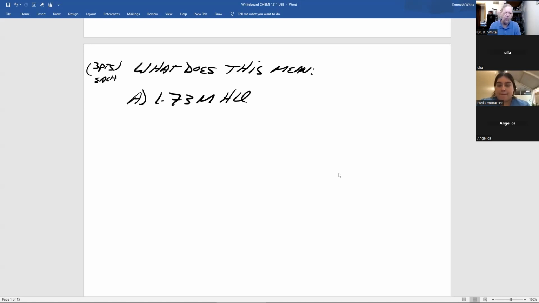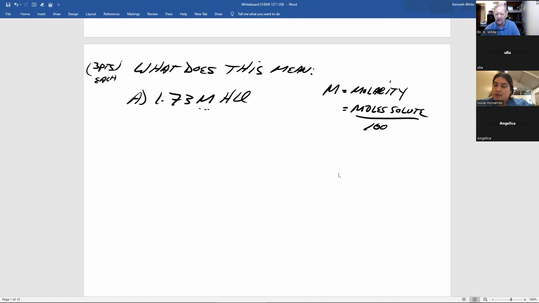What does 1.73 capital M mean? Capital M, as soon as you see that between a number and a chemical formula, means molarity, which is moles of solute, for this class, per 1,000 milliliters.